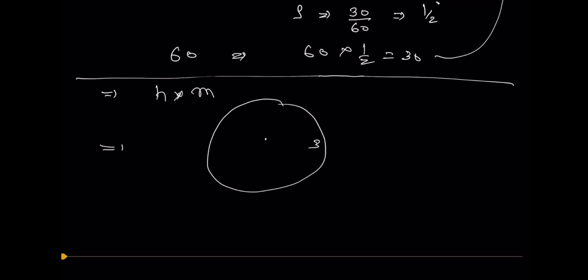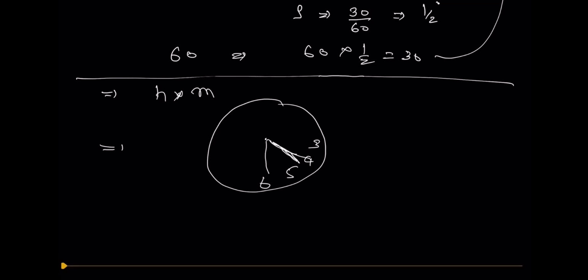Let's say our clock is at 4:30. So our hour needle will be somewhere between 4 and 5, and the minute needle will be somewhere at 6. So what we're going to do is calculate the angle of the hour, A, how much the hour needle has moved.